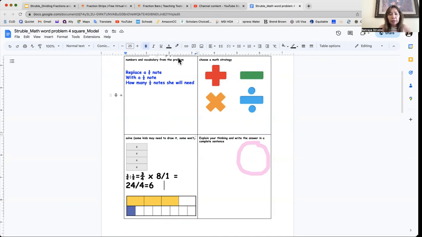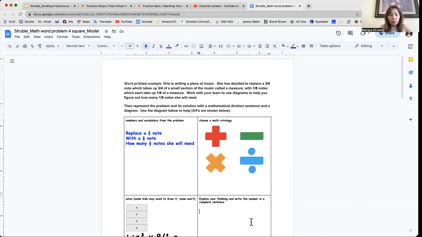When we are writing the answer, again, we need to write in a complete sentence and explain your thinking, write the answer in a complete sentence. So we are going to write the answer here in this box, and we're going to say Drea, right? So that is what the problem was about.